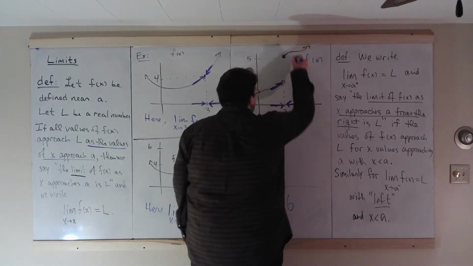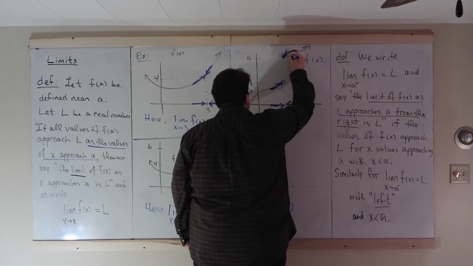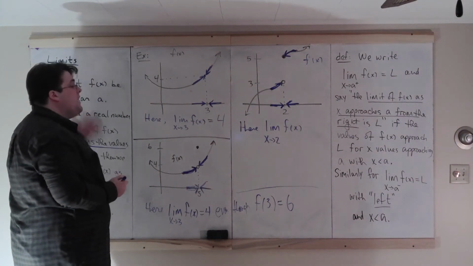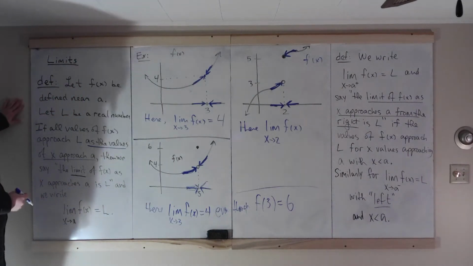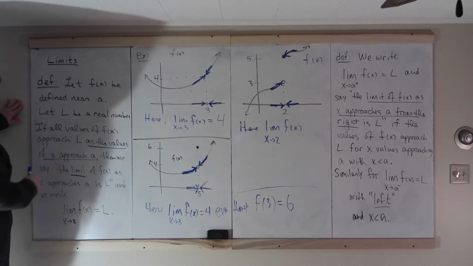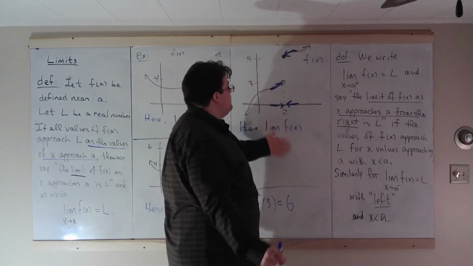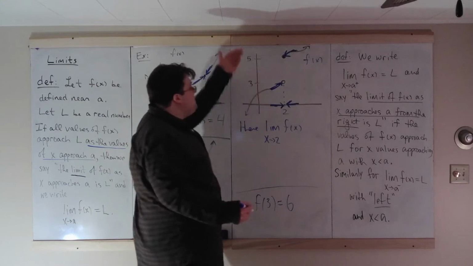But notice, on this side, the function approaches that closed dot up there at 5. So let's look at the definition. All values of f of x approach L as the values of x approach A. Well, as the values of x approach 2, all values of this function do not approach the same y value.